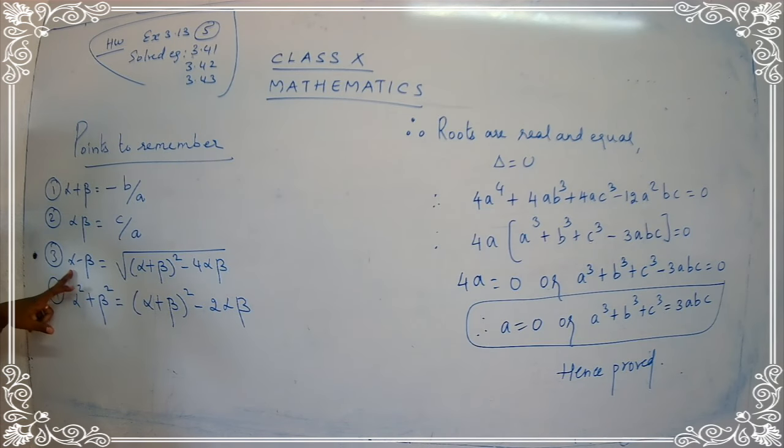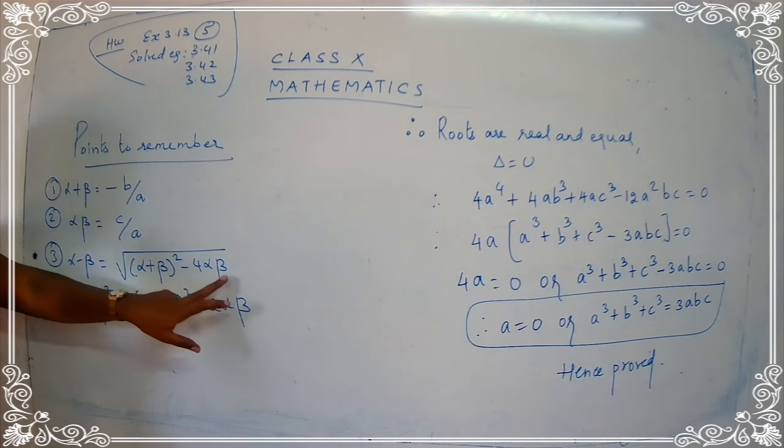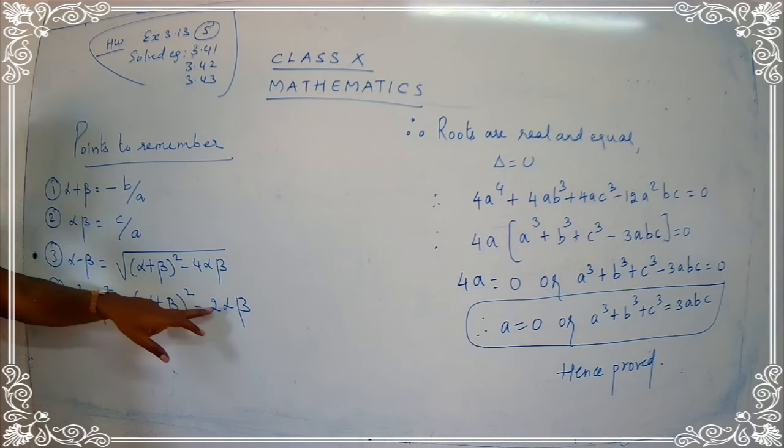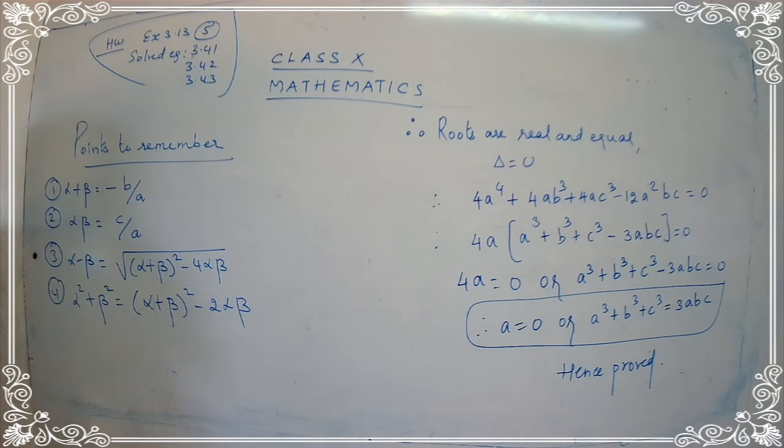I'll repeat once again. What is the formula for alpha square plus beta square? Alpha plus beta the whole square minus 2 alpha beta. So you have to learn your formulas.